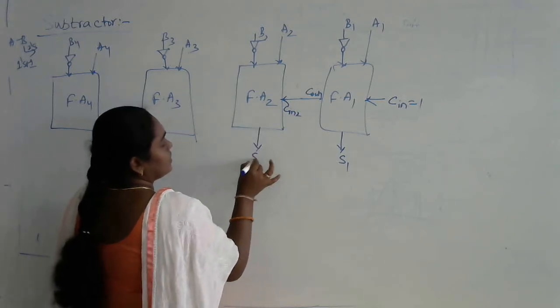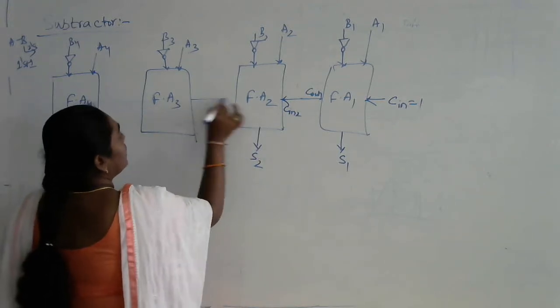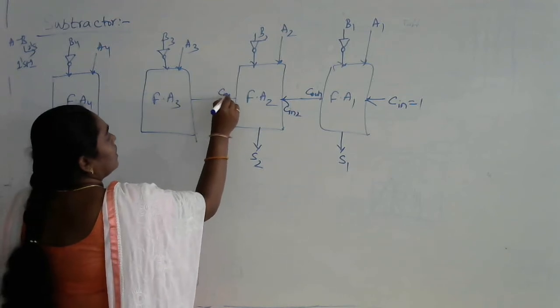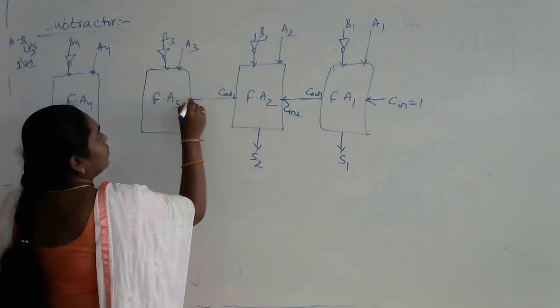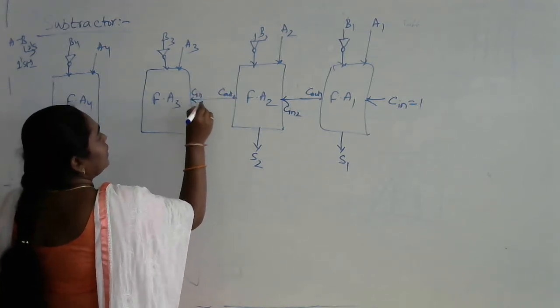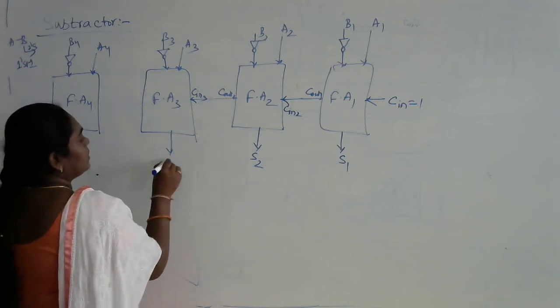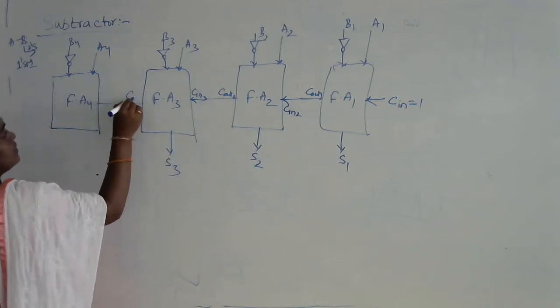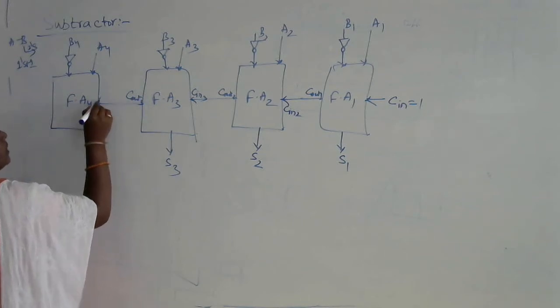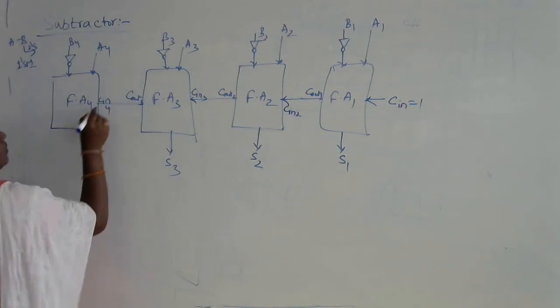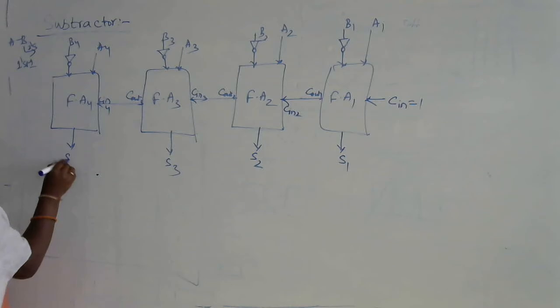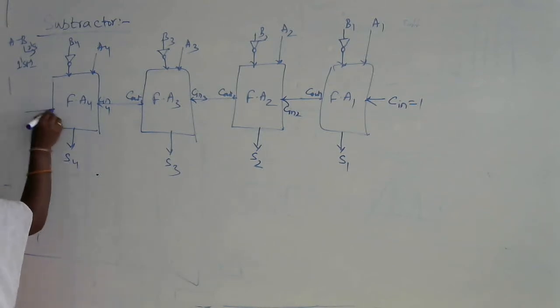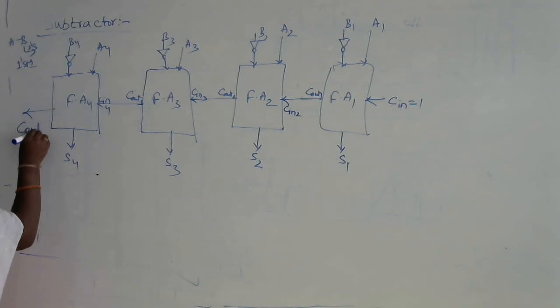Similarly, the sum is S2 and the output carry is C out 2, which becomes C in 3. The sum is S3 and carry is C out 3, which becomes C in 4, and the sum is S4, and the last output is C out.